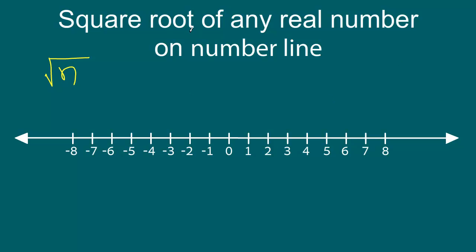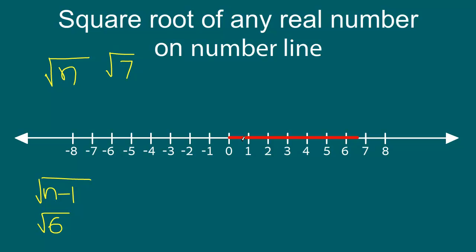What we are going to do is first find out square root of n minus 1. For example, let's say we want to find the square root of 7. First we are going to find out where square root of 6 is. Let's take a look at how this actually works.